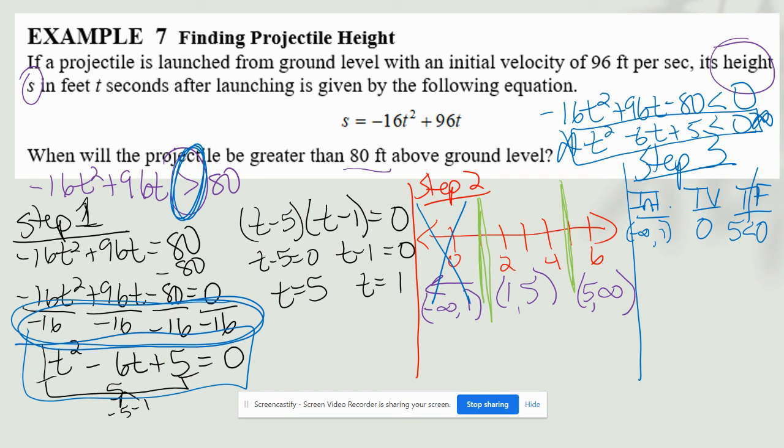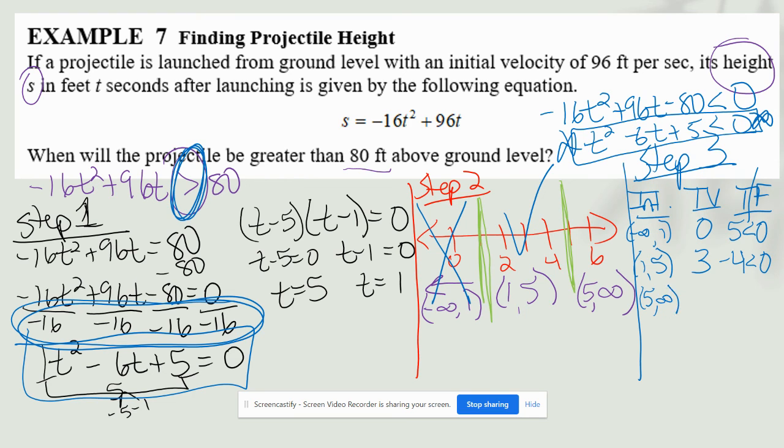That is not true, so we cannot have that first part. For the interval of 1 to 5, I'm going to pick 3. When I plug in 3, I get negative 4 is less than 0. That's true, so we're allowed to have that middle interval.